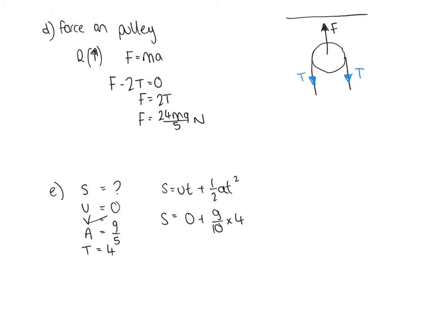Half times acceleration is g over 10 times t squared. Simplify that, 1.6g, 15.68, which is going to be 16 meters to two significant figures.